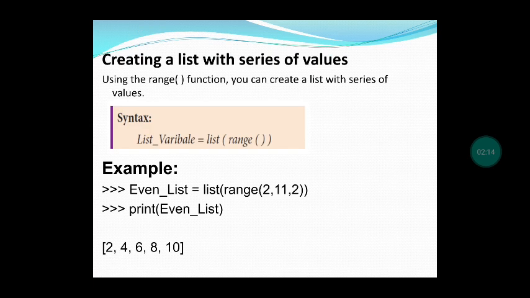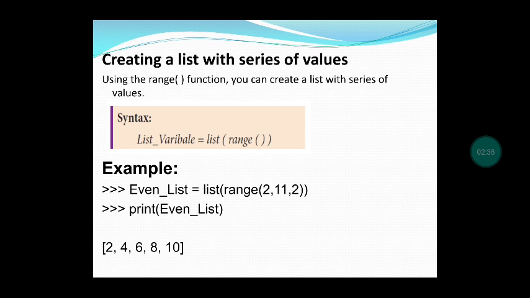Next, we can create a list with a series of values. In the previous program, we printed the output one by one, 2 first and then 4 and then 6, like that. But in this example, we can print the values as a list. Here we are using the range function.